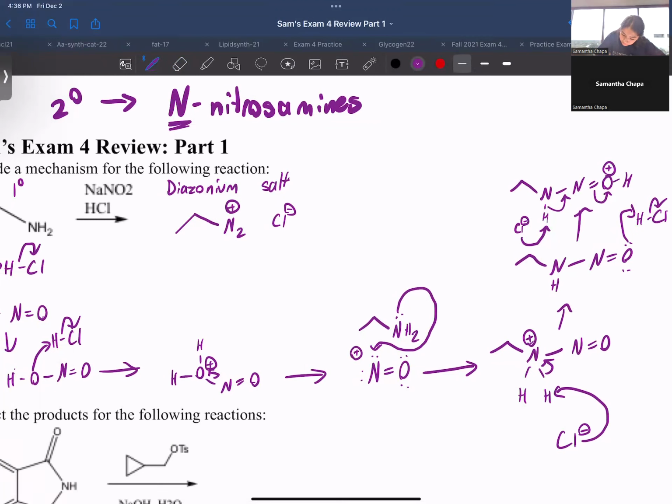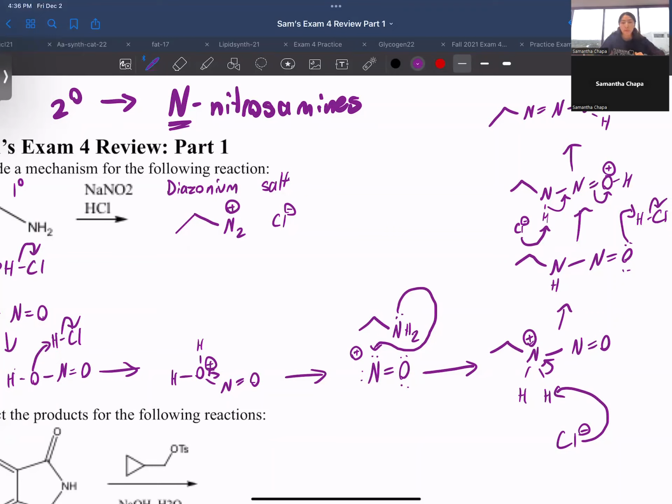Let me see if we're good so far. Yeah, it looks good. Nitrogen to one nitrogen, oxygen bonded to nitrogen. Cool.